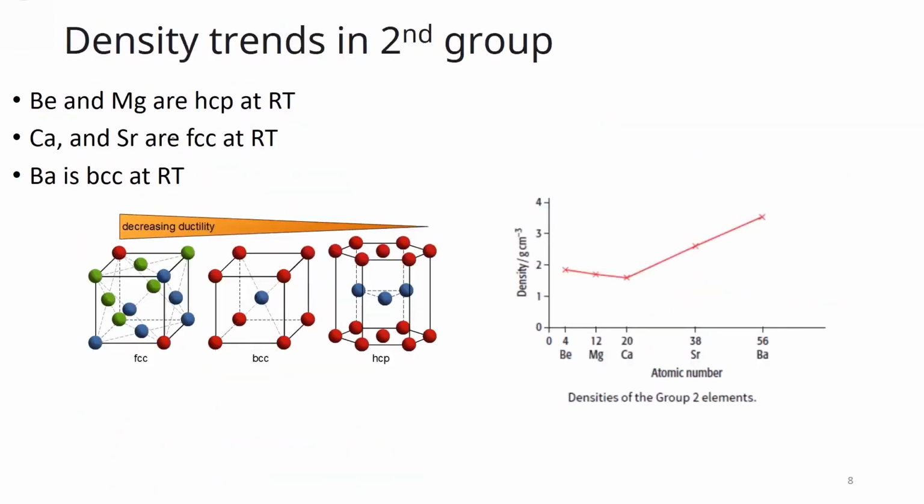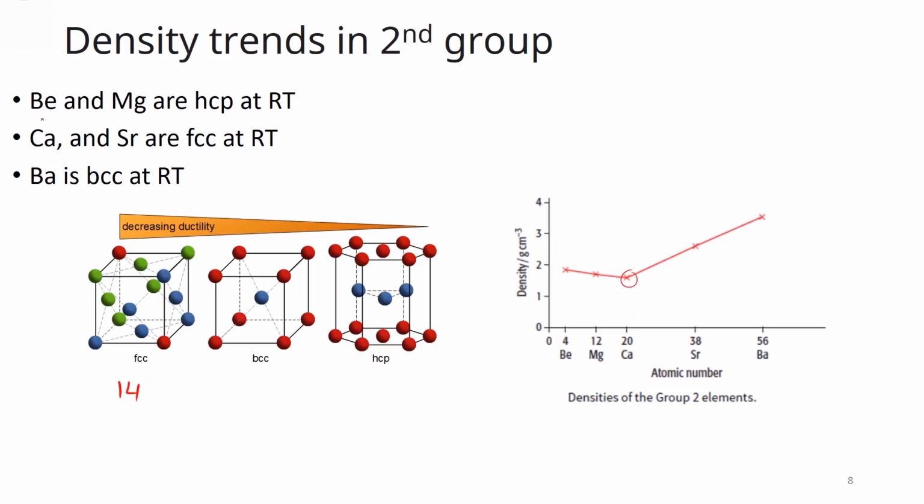Now, if I move to the density trends, there is also an irregularity in the density trends. I expect all of them to increase in density down the group, but I have this drop with calcium, and the reason behind that is that calcium has a face-centered cubic crystal lattice, which includes only 14 atoms.